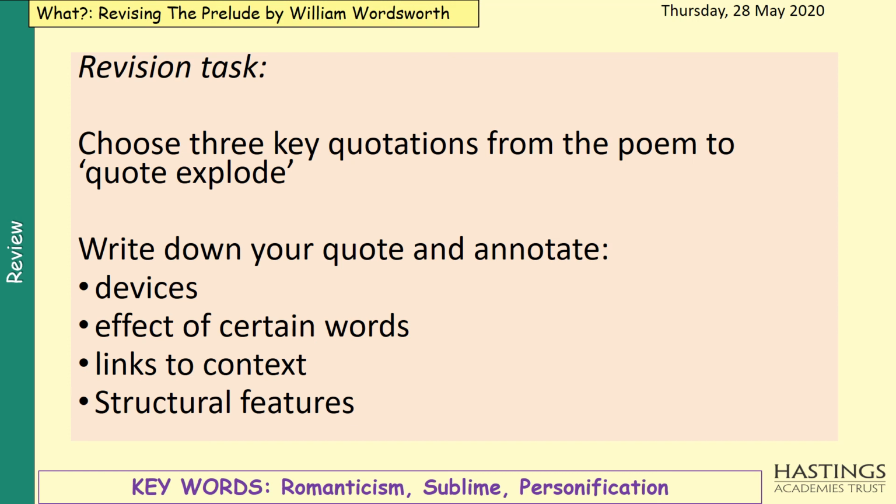Okay, so you can do these on flashcards, you can do these in your book. Okay, but these are going to be 3 key quotes that I would like you to do a quote explosion for. Okay, so pause the video and you can do that.